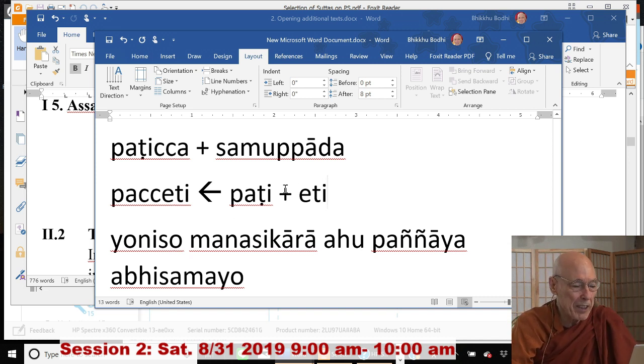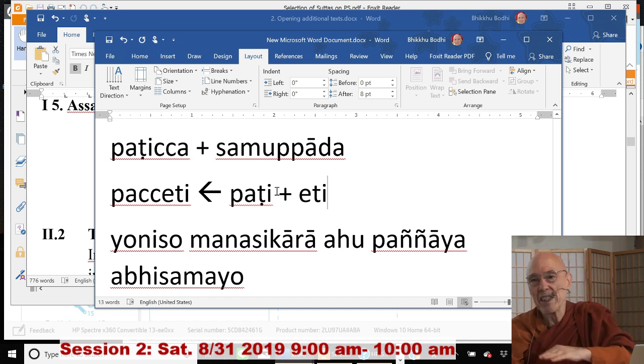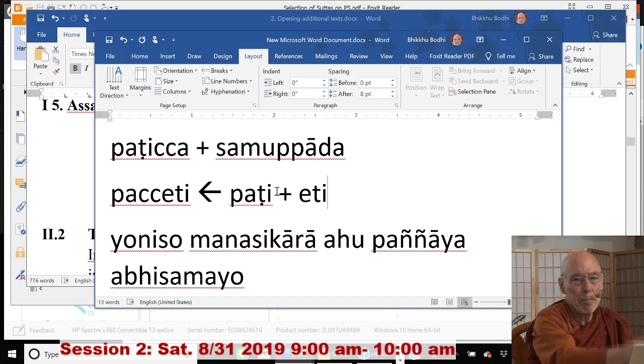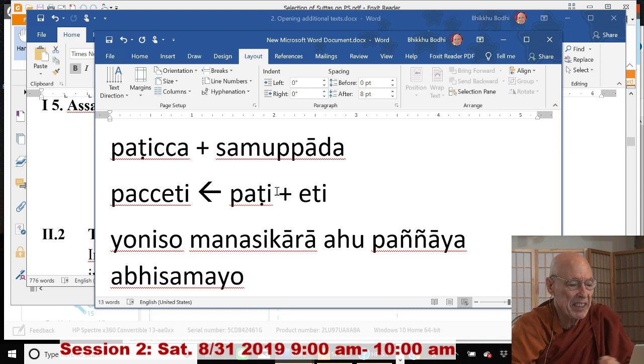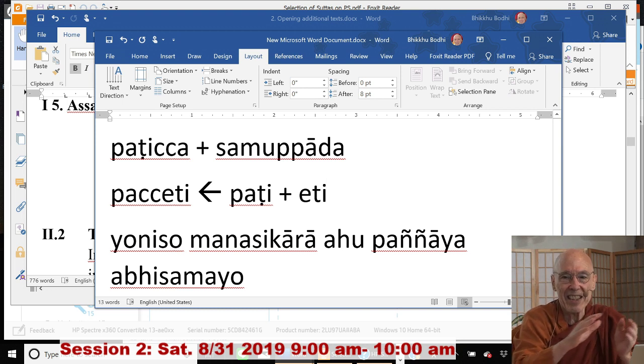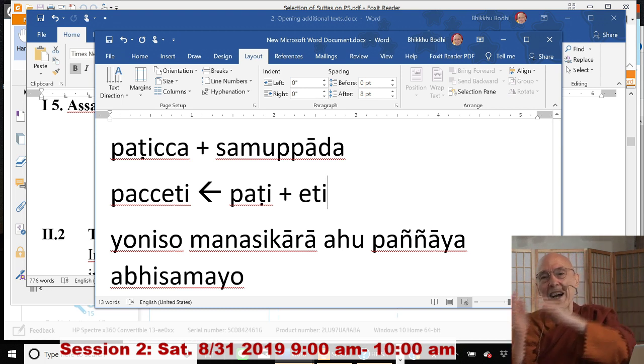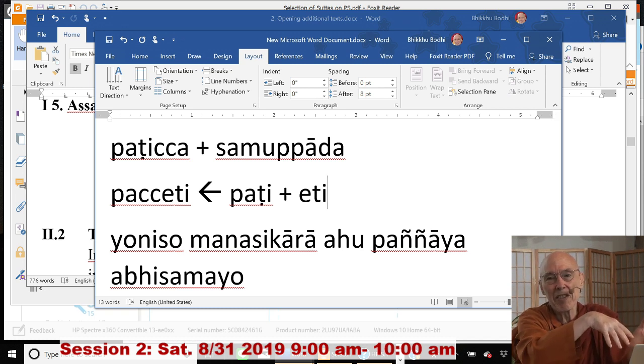And then the prefix pati has the sense of going back to, or back towards, or something like a reflexive sense. So the verb pacceti means to go back to, fall back upon, and then a derived meaning to rely upon, to depend upon.